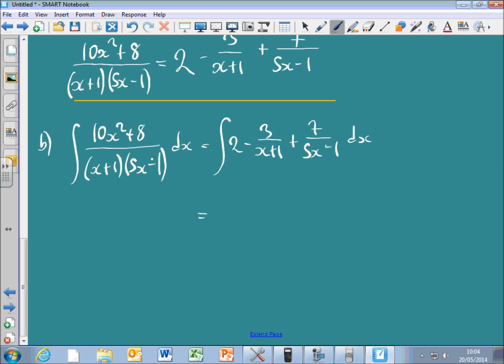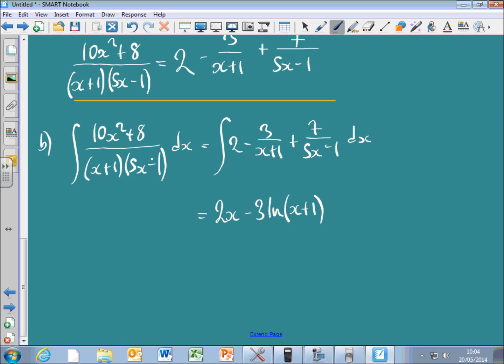Okay, so if I integrate 2, I'm going to get 2x. If I integrate minus 3 over x plus 1, then I'm going to get minus 3 ln of x plus 1.